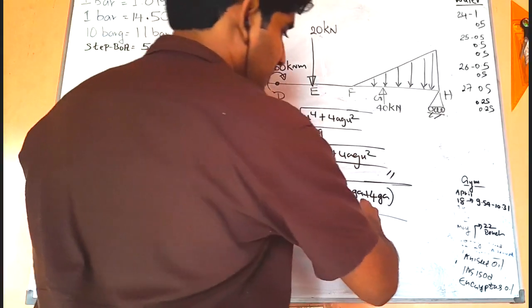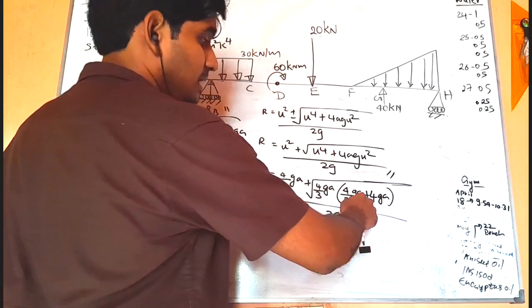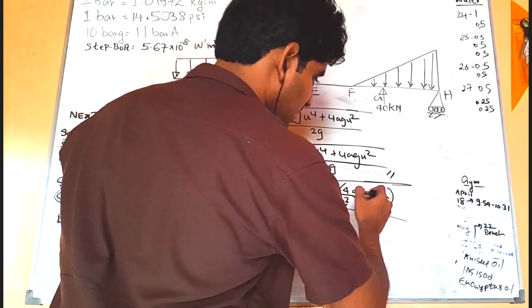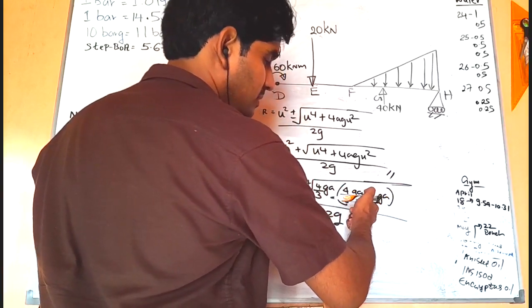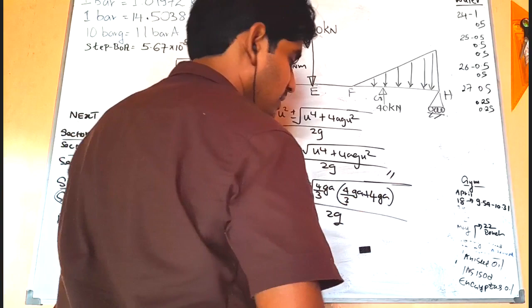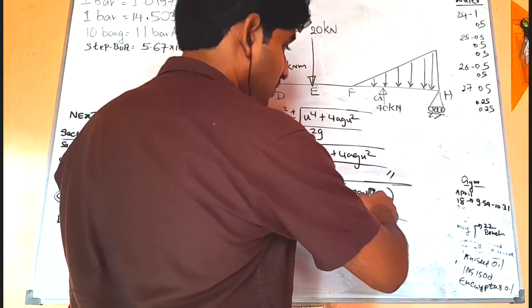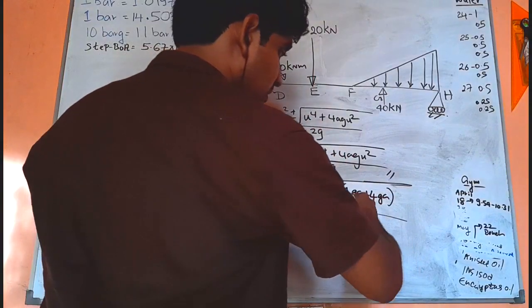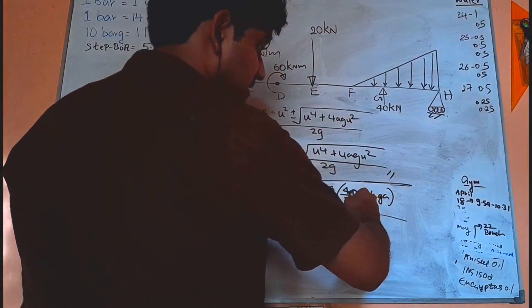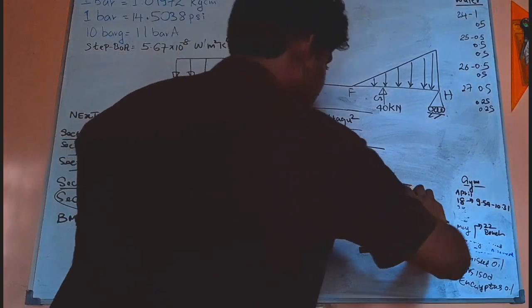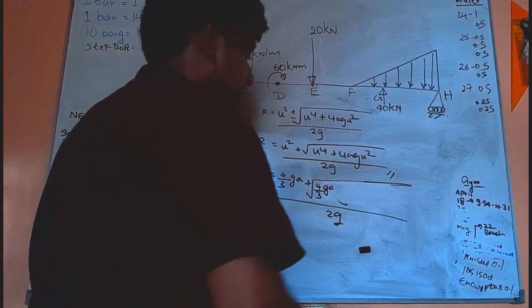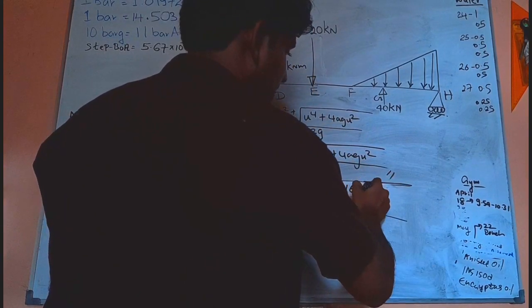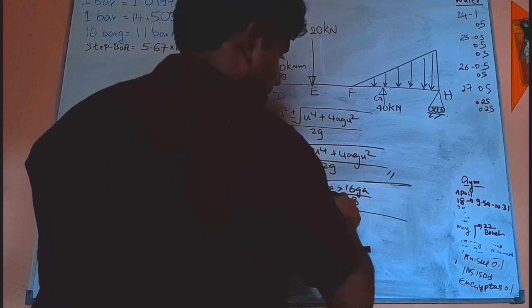The least common multiple is 3, right? Multiplying by 3, I don't have to teach you these things. So this will become 4 into 3, 12. 12 plus 4 is 16. So this answer will be 16ga divided by 3.